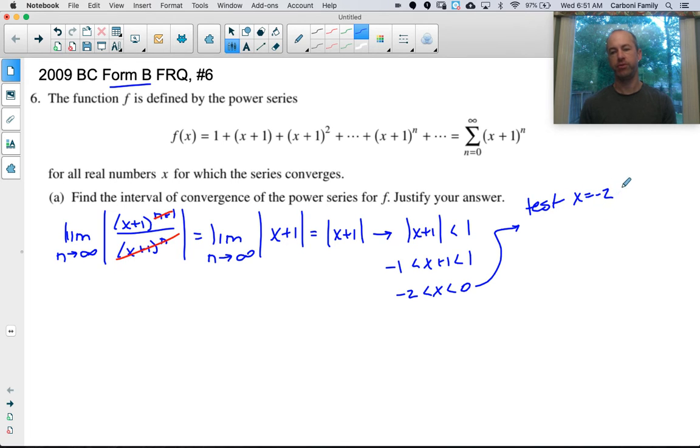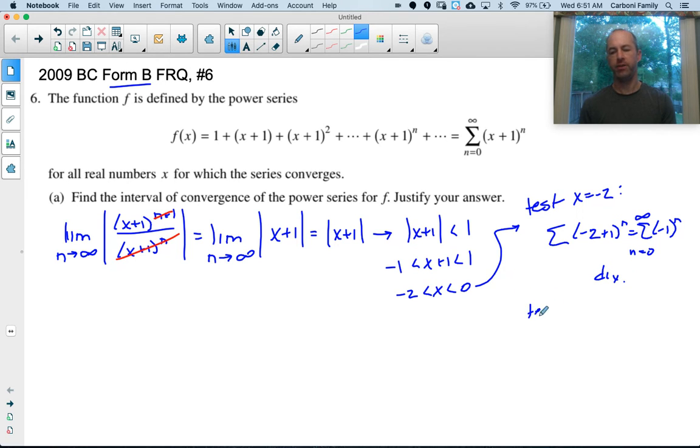If I test x equals negative 2, I would have the series of negative 2 plus 1 to the n, which is negative 1 to the n, from 0 to infinity. Those terms do not approach 0, therefore that will diverge.